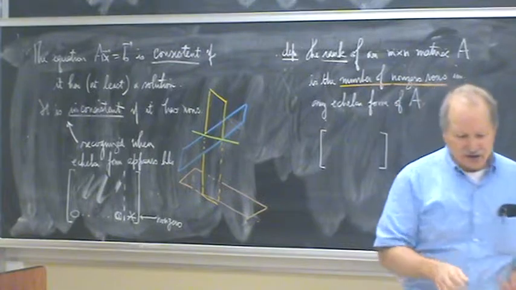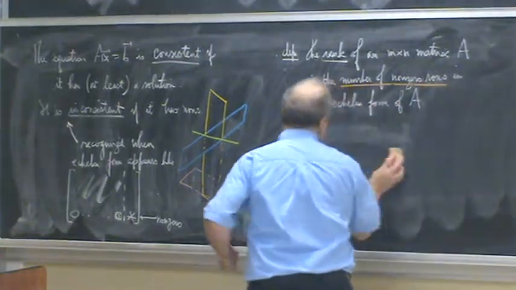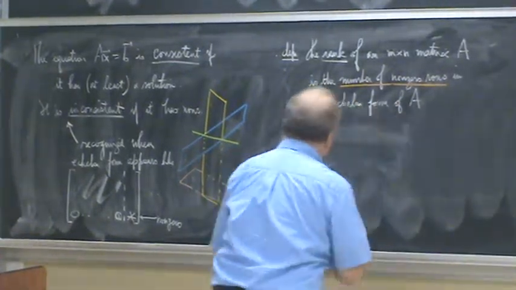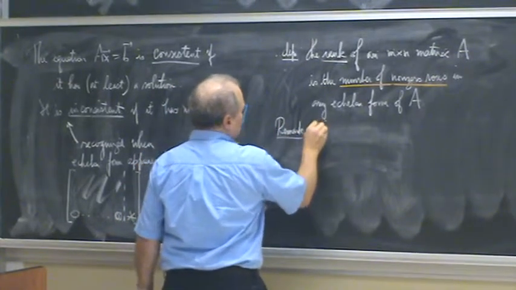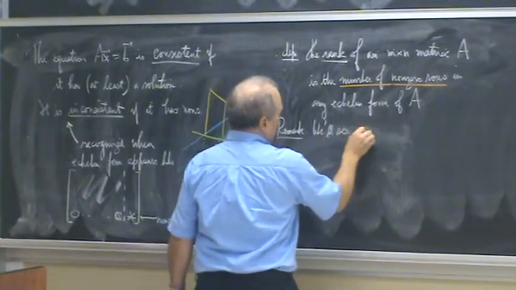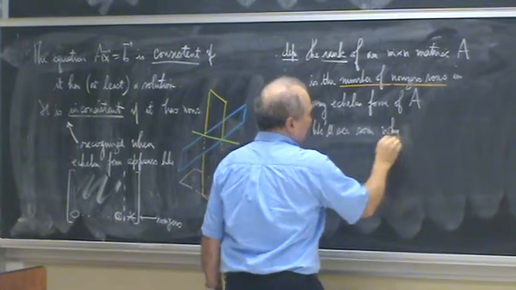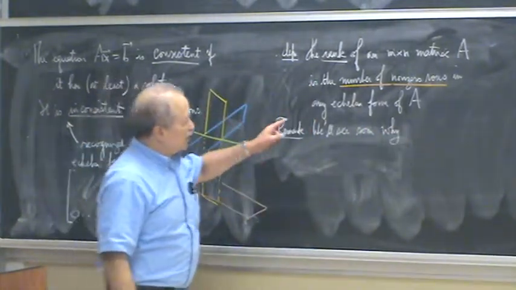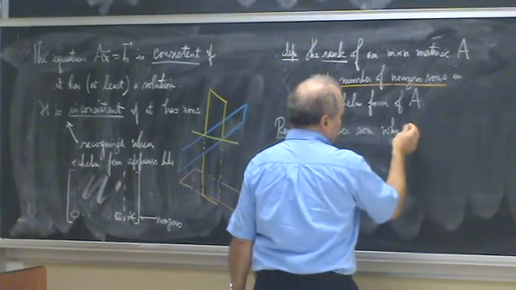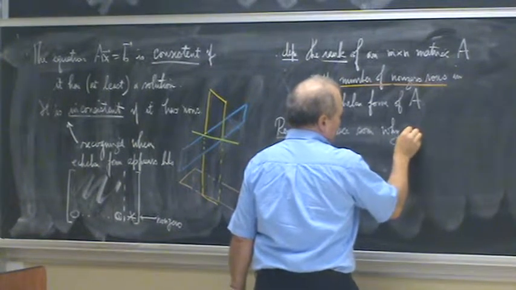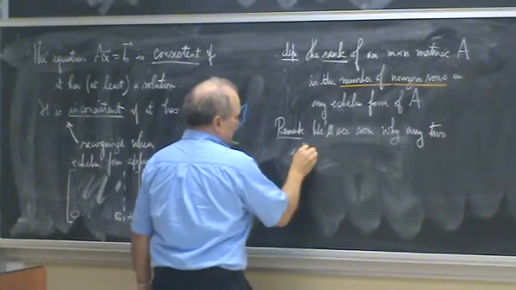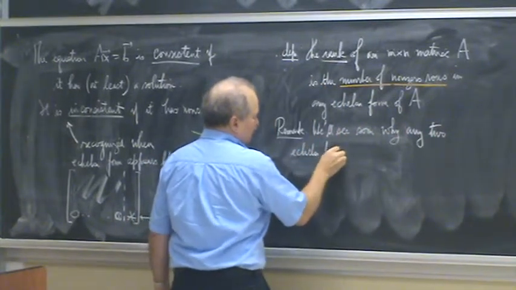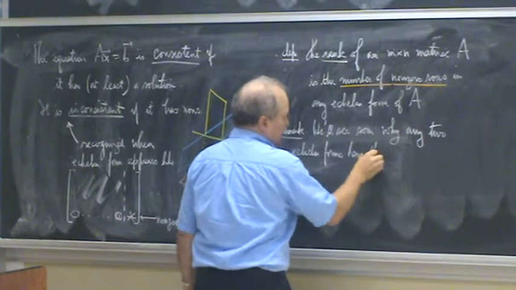So the remark here is, we'll see soon why any two echelon forms have the same number of non-zero rows.